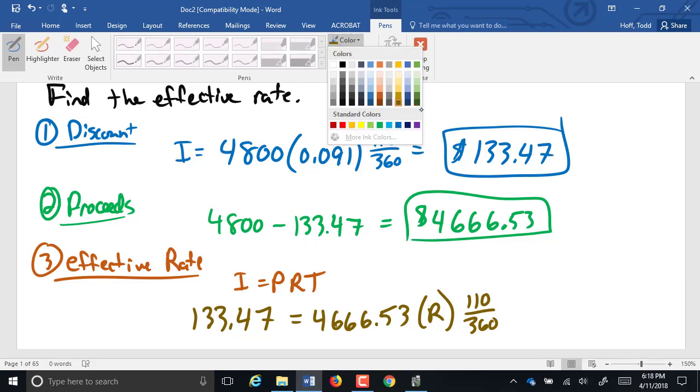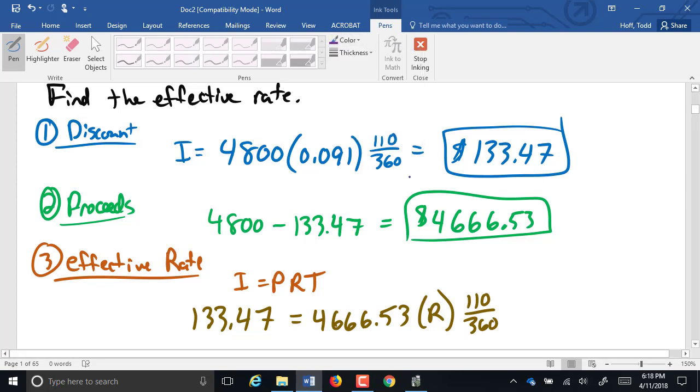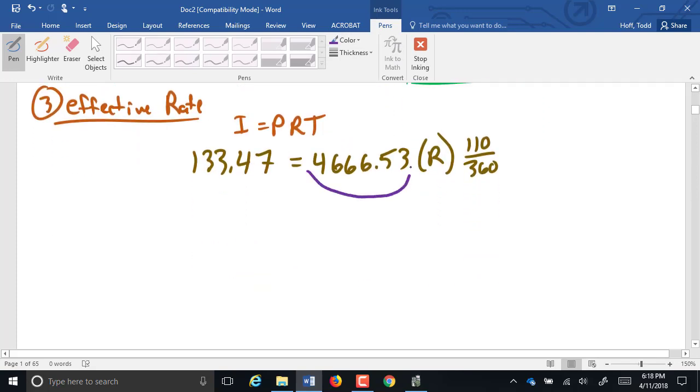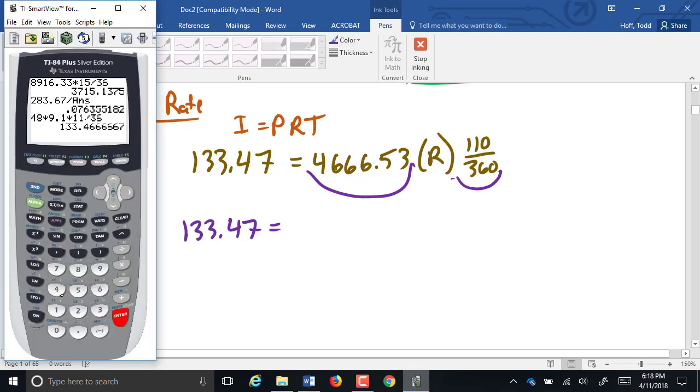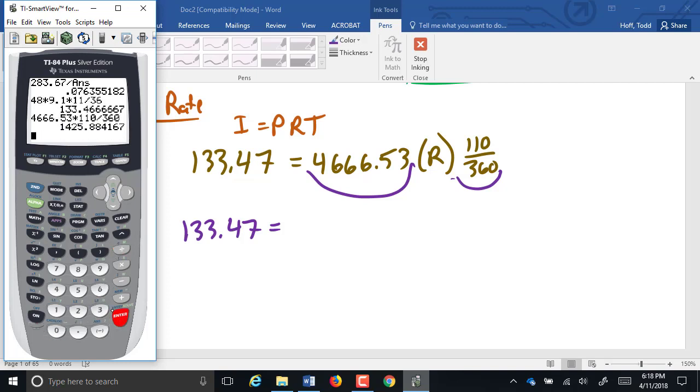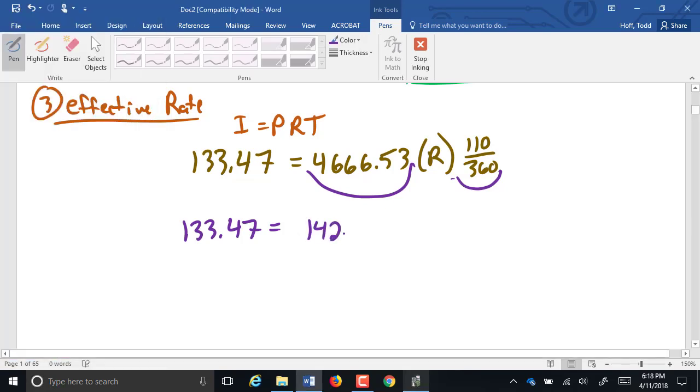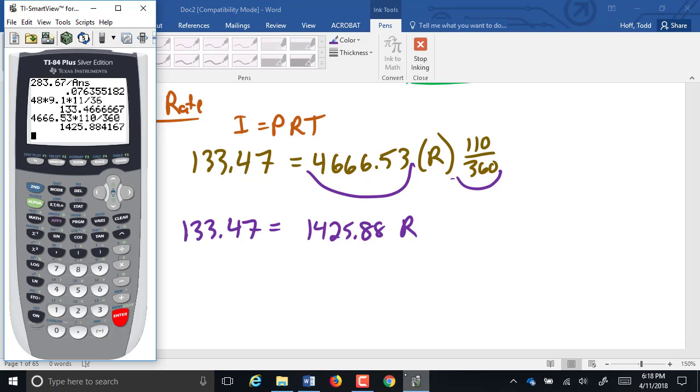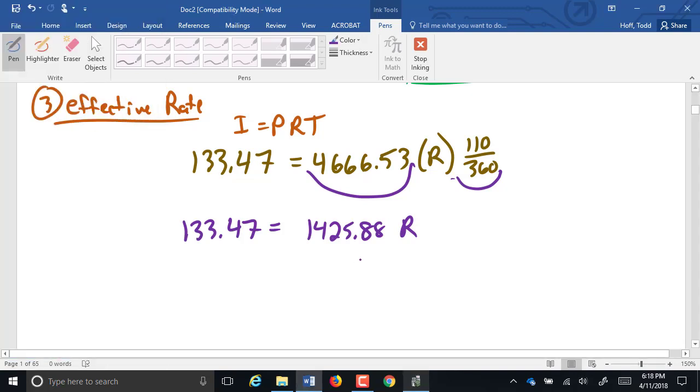And then, okay, we combine our principal and our time. So the 4666.53 times the 110 divided by 360. We get an ugly decimal, 1425.88. Again, I'm not going to hit clear on my calculator. I was very careful not to do that, so that number is going to stay in there for me.